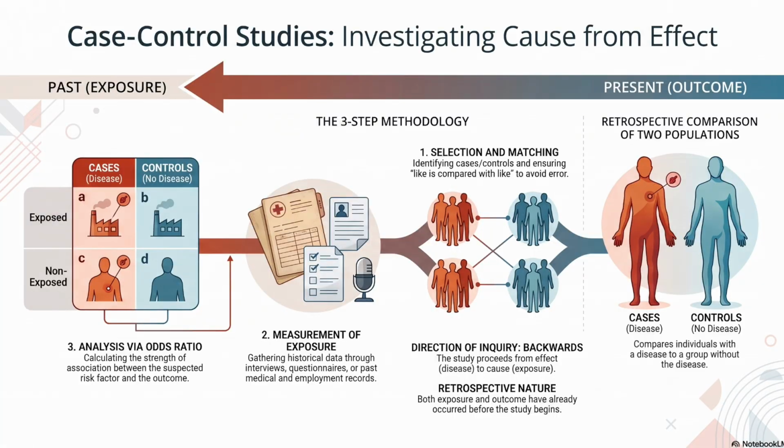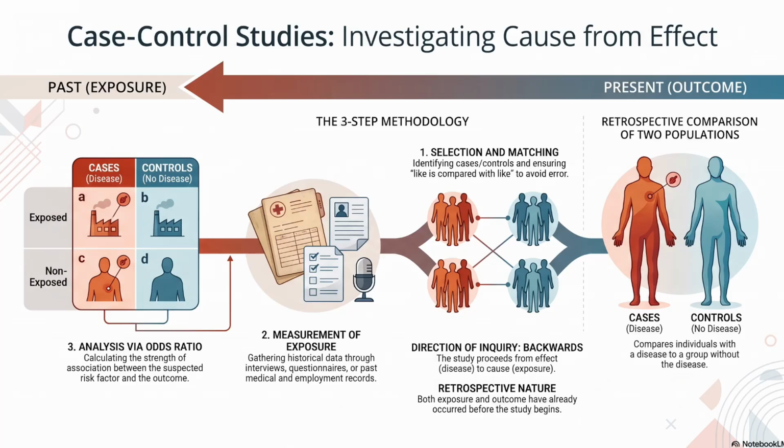Let's quickly summarize. A case control study begins with people who have a disease and compares them with similar people who do not. Researchers then look back to determine previous exposure to suspected risk factors. The study depends on careful selection of cases and controls, appropriate matching, and identical measurement of exposure.